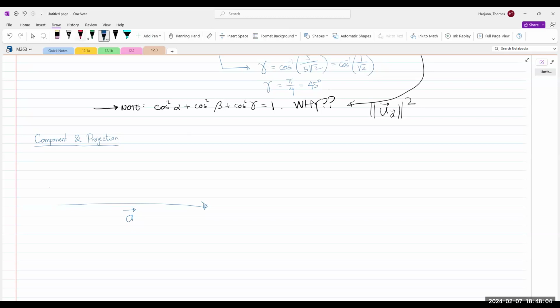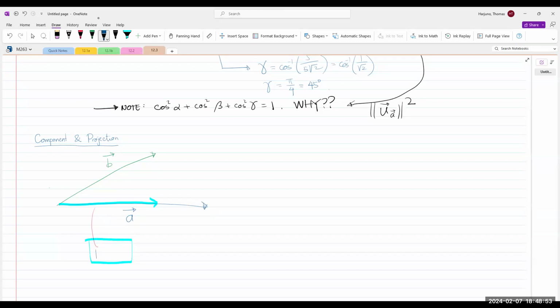And then I have vector B. Now, the projection of vector B onto A is the length of that blue highlight. Let me mark it this way.